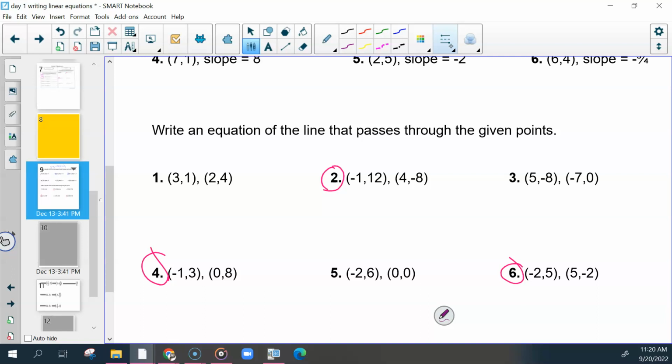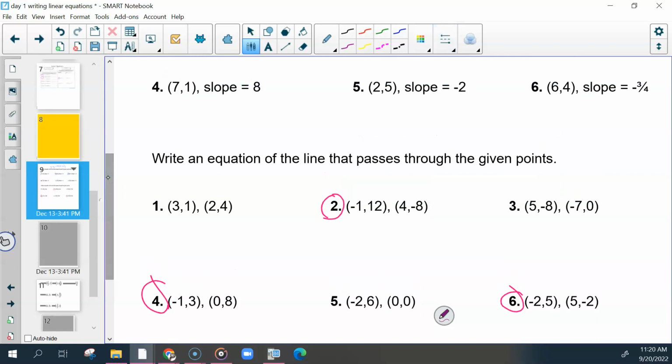So with this section, you're given 2 points. If you don't know your slope, you don't know your y-intercept, so now you're going to have to do an extra step in order to find those things. I'm going to go ahead and write our slope formula, y2 minus y1 over x2 minus x1.